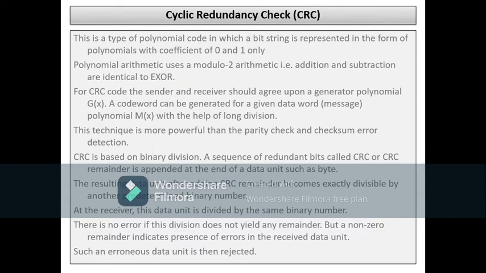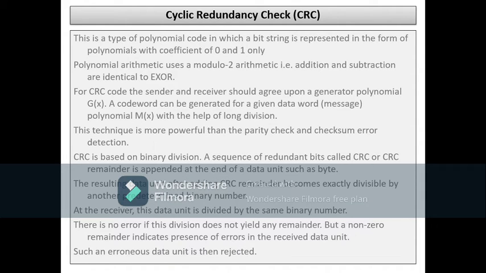Cyclic redundancy check, CRC. This is a type of polynomial code in which a bit string is represented in the form of a polynomial with coefficients of 0 and 1 only. Polynomial arithmetic uses modulo 2 arithmetic. For example, addition and subtraction are identical to XOR.